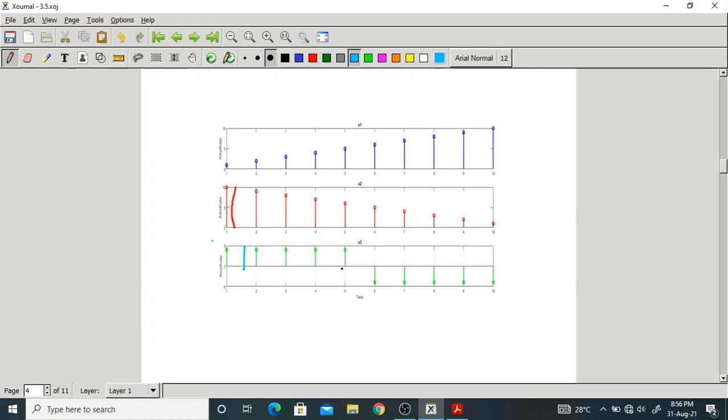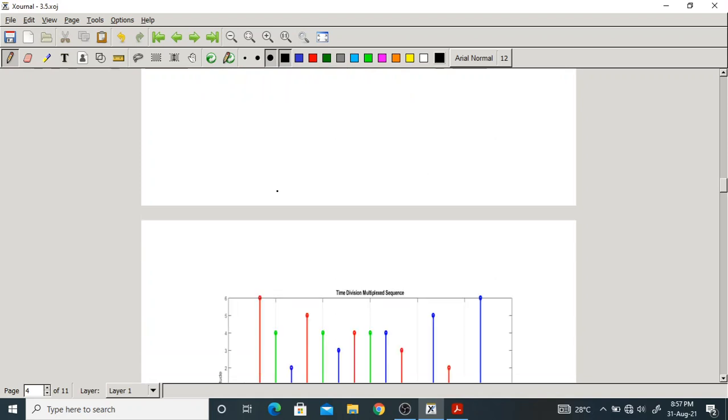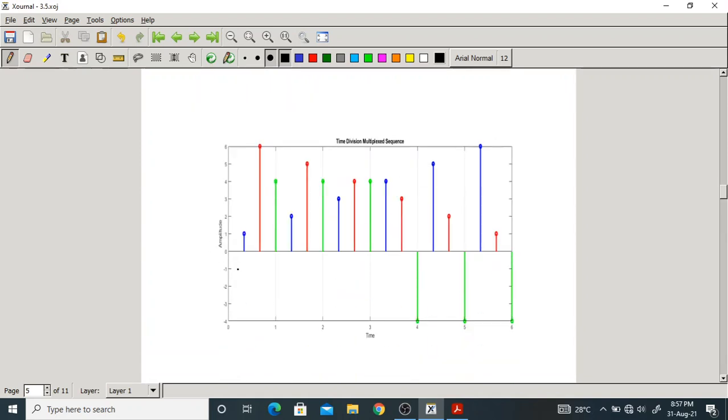Since there is a time gap between any two successive samples, in that gap I will transmit some other samples. I have transmitted these three first samples. They belong to three different signals: this is the first signal, this the second signal, this the third signal.